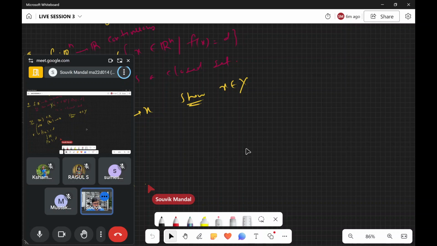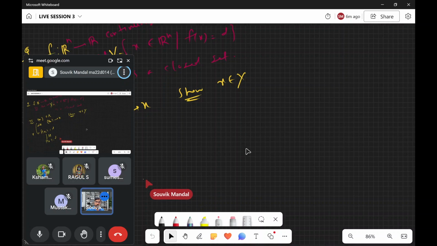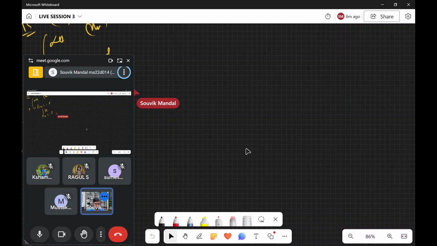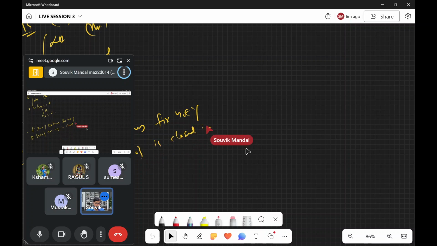So this previous question can be modified as follows. Suppose f is a function from X to Y, and fix some y naught. Now show that the set of all those x belonging to X such that f of x equals y naught is closed.